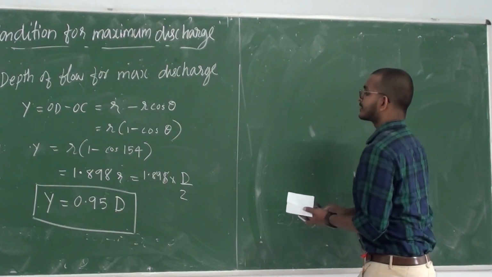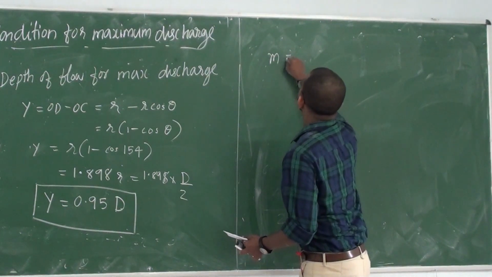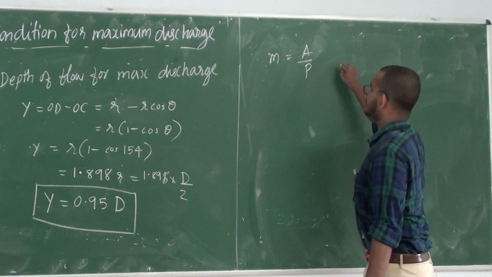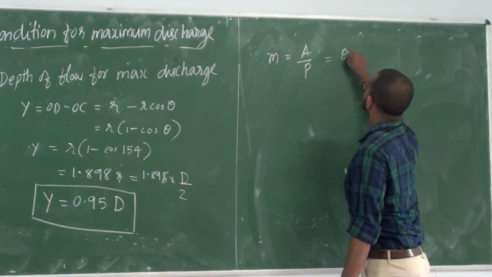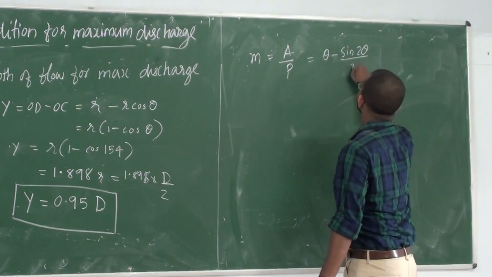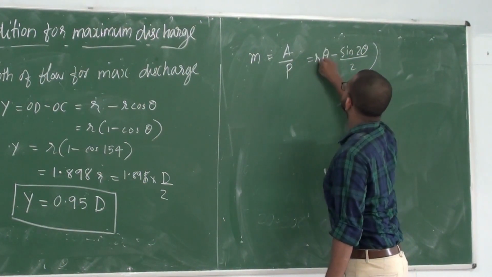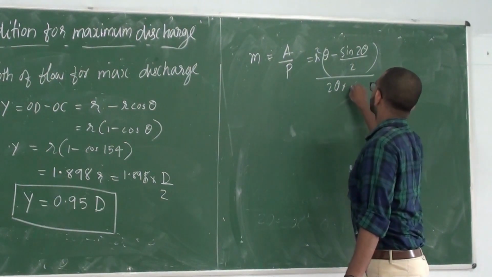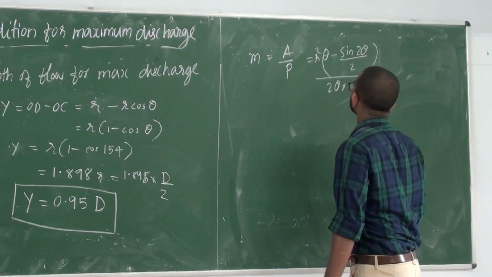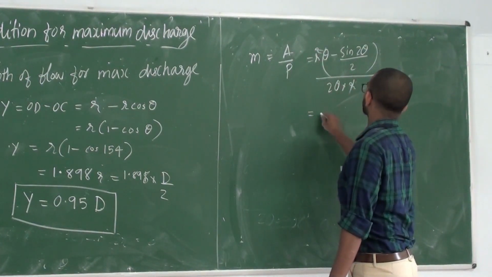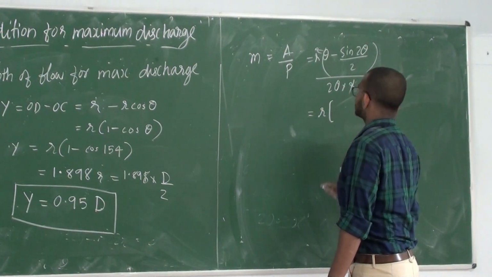Now hydraulic mean radius m is equal to area by perimeter. Area is theta minus sin 2 theta by 2 into r square, divided by perimeter 2 theta into r. So you can cancel r, and we get r into theta minus sin 2 theta.